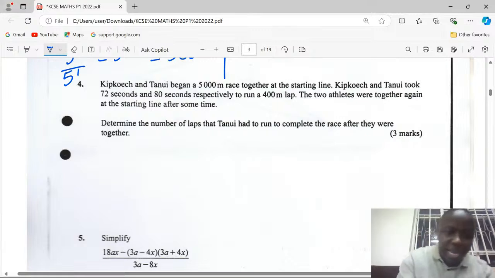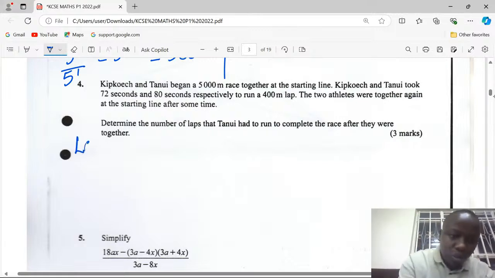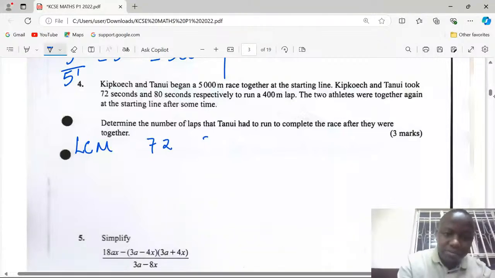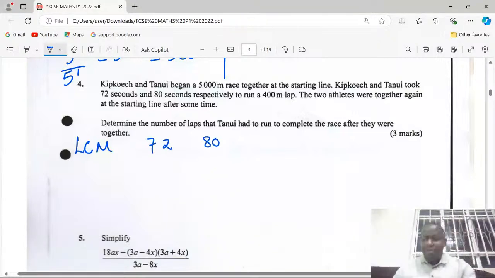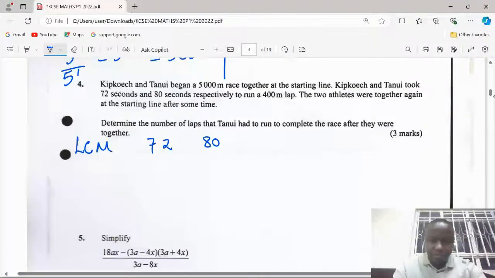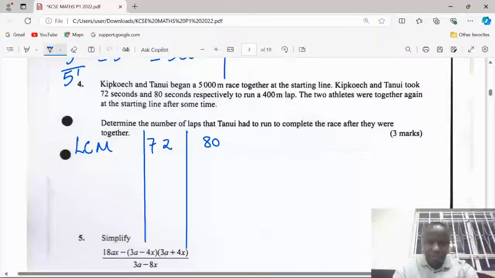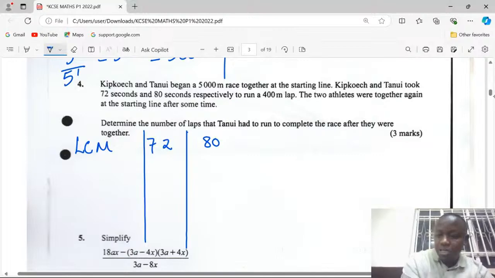So we will take the LCM of the times that they use. This is 72 and 80. Now we can get the LCM by factoring out the prime factors.